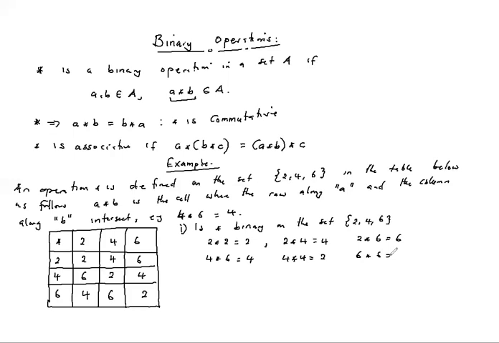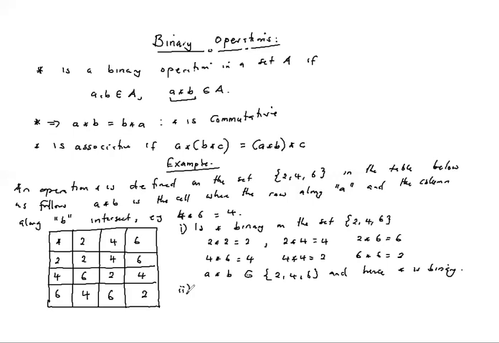We get an element in the same set. So what we have now is that A star B is always in the set, and hence star is binary in that set.